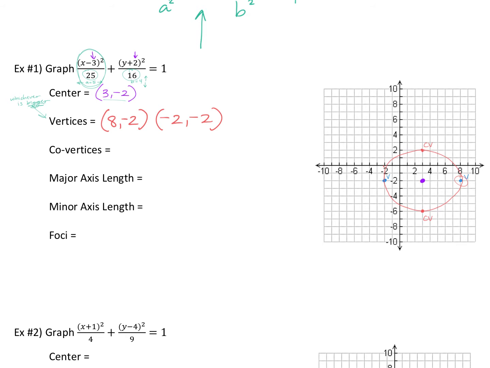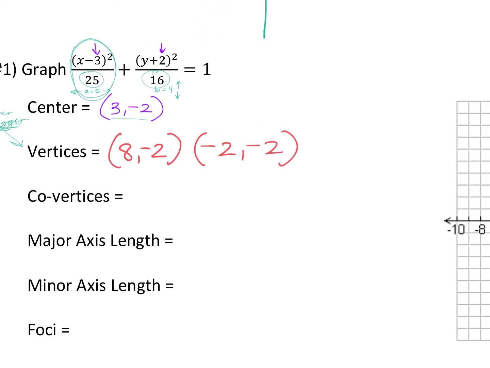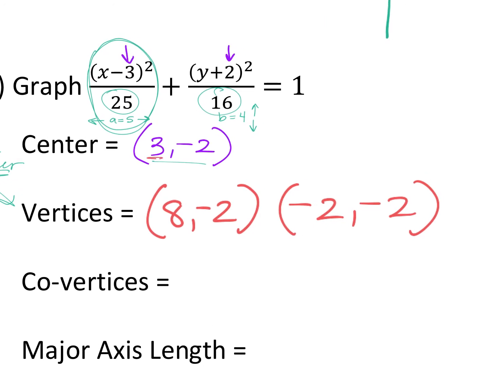Or what you could do is take your center, and from your center, if my a value is 5, go 5 bigger than that, that's 8, and 5 smaller than that. 3 minus 5 is a -2. So you don't have to see it from the graph. You can do it right from those numbers. Just keep your a's with your x's and your b's with your y value.